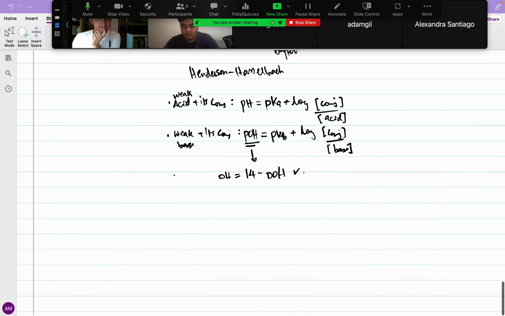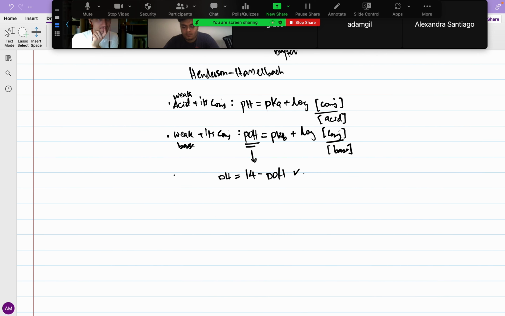Now, here's a complication with titration questions. And I'll illustrate that with a very simple example. Titrations involve mixing. Mixing is bad for molarities. Right?